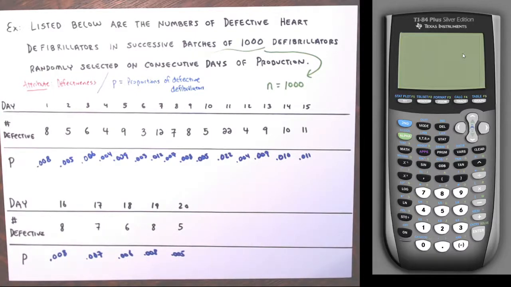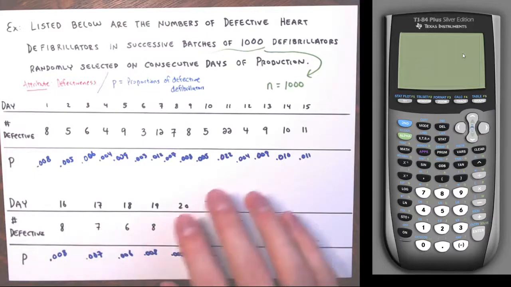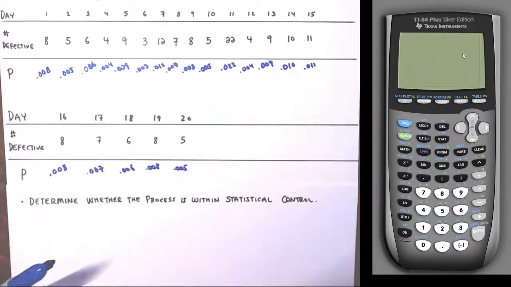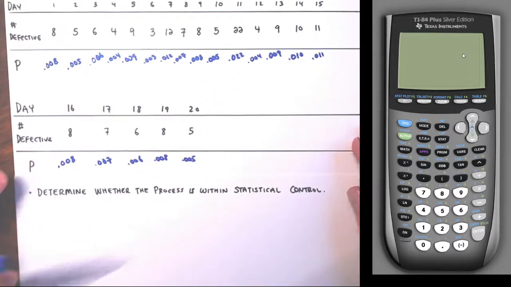Okay, so now the question is, as with the last one, I'll start off with: determine whether the process is within statistical control. Are my machines, is the procedure of manufacturing these defibrillators statistically stable, or is something out of whack and I need to go in and fix the procedure?